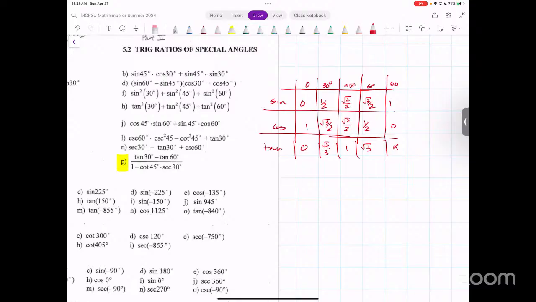Okay, let's see what you did for tan 30, you substitute, tan 60, you substitute. Okay, so simplify that. Let's see if you have substituted. All right, so you substituted, but this one is not correct. Secant 30 is not right.